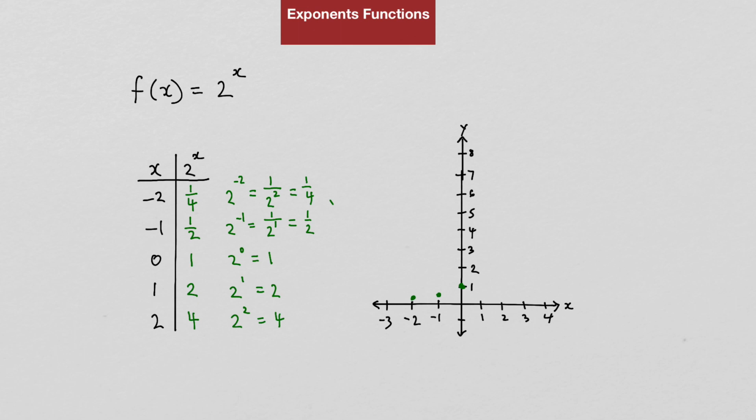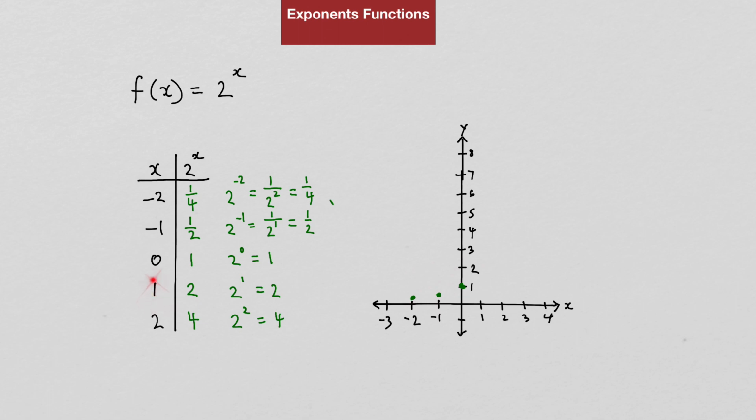Okay, now I'm going to pause here for a second and take a look at these 3 points that we plotted so far. You can see visually that this is starting to curve up a little bit. As I move to the right, it's going to curve up. So let's go ahead and plot the remaining points and see where this takes us.